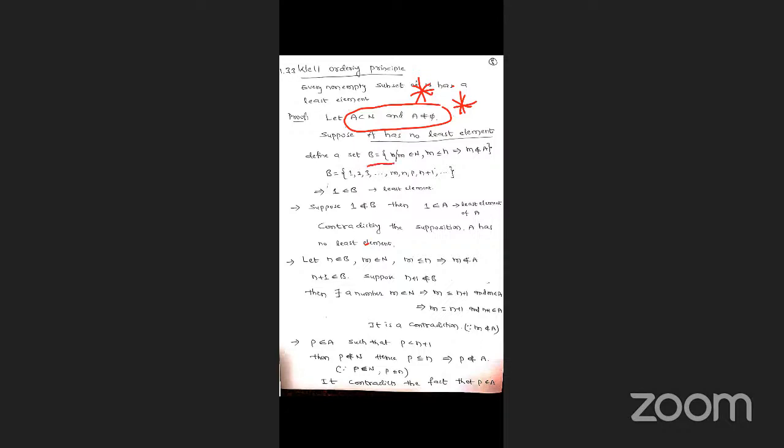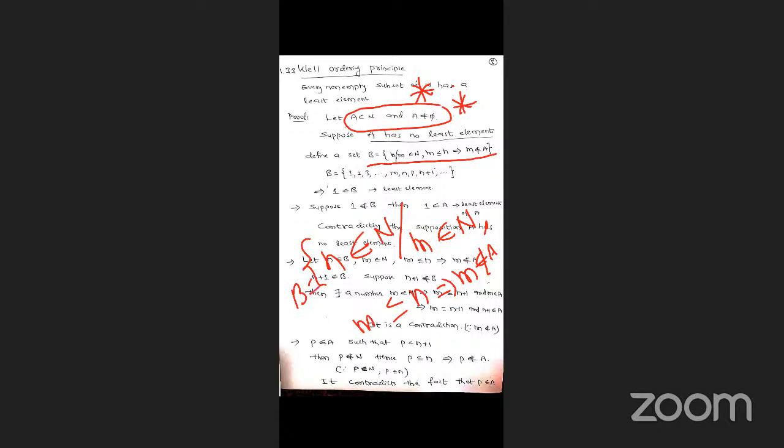Define a set B like this: B is the set of n belongs to N such that m belongs to N, 1 is less than or equal to m is less than or equal to n implies m does not belong to A. I am defining the capital B, one more set.